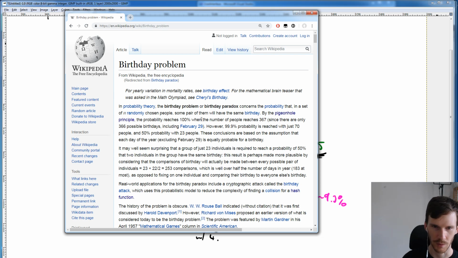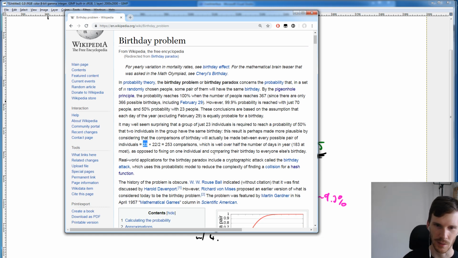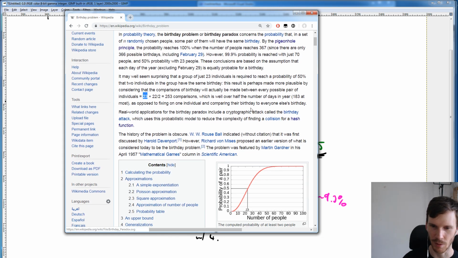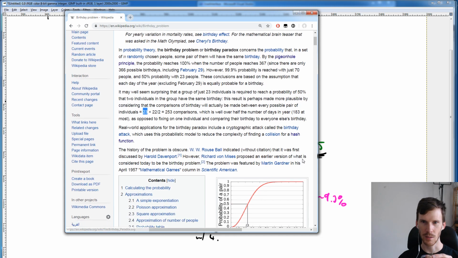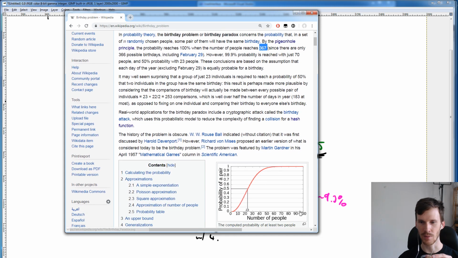There's 365 days in a year, just for simplicity, and 23 people. That's all you need to get a 50-50. But you add just a couple more people, and this is the graph. As you add people, it shoots up, and you need to hit 367 to guarantee a collision.